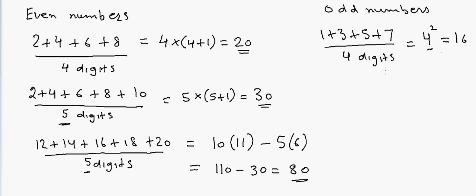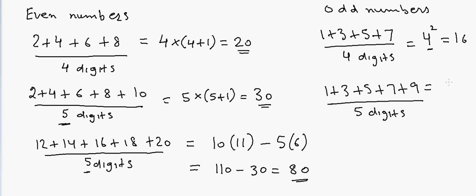You can see it's just 4 square. Another example, 1 plus 3 plus 5 plus 7 plus 9, that will be 5 digits, so the answer is 5 square, that is 25.